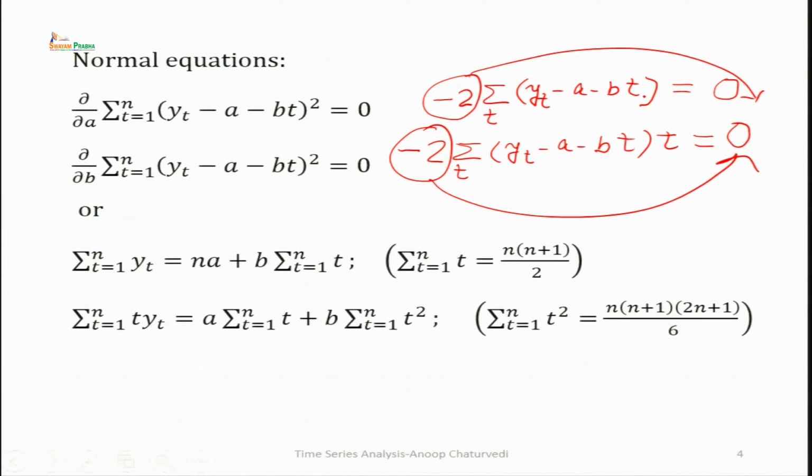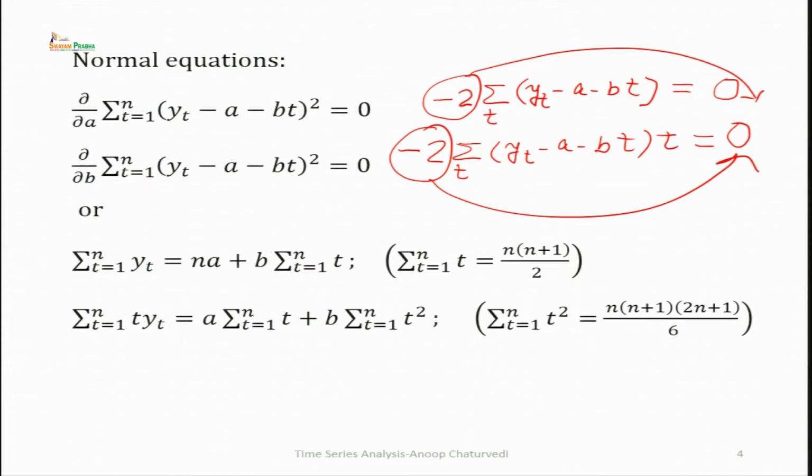And then the second equation: you have summation over t of y t into t. So, summation t y t, and the rest of the terms we are taking towards the right hand side. So, summation t y t equals a into summation t plus b into summation t square.